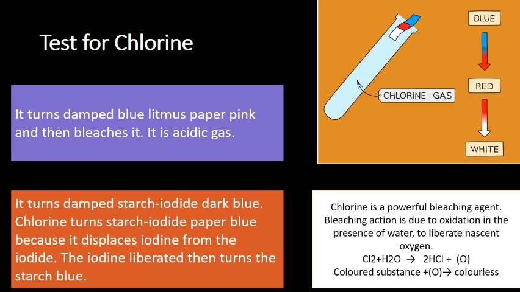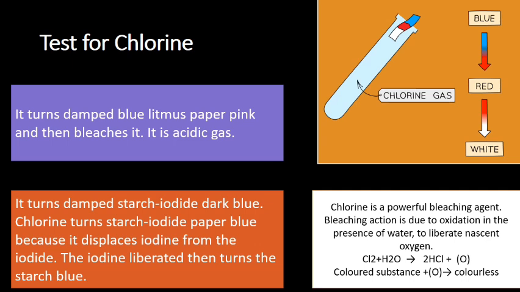So if you have a stain on maybe a cloth, and you apply chlorine to the substance, provided that there is water present, maybe you have dissolved the chlorine in water and you put that solution of chlorine and water on the stained substance, the chlorine will help to displace the oxygen from the water, so that oxygen can then bind to that colored substance and change it to colorless.